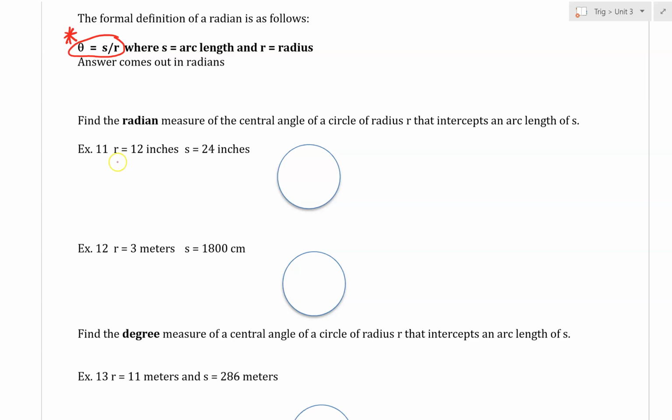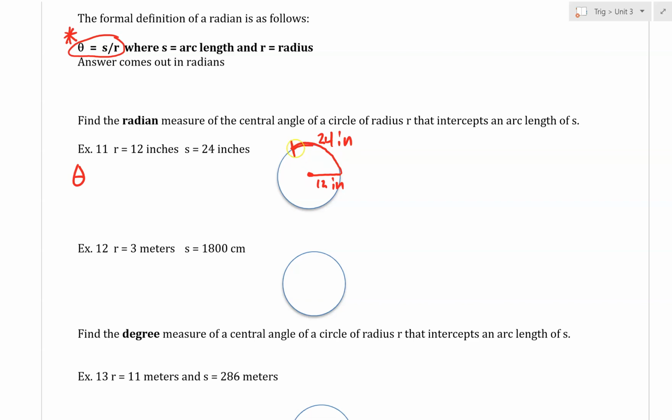Looking at this first one, we're looking for theta here. If I were to draw a picture, it says we have a radius of 12 inches and an arc length of 24 inches, which puts me somewhere out here.